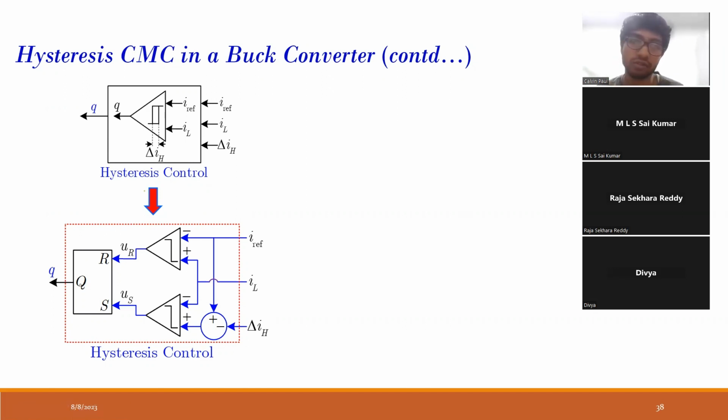This is also a variable frequency control technique. Constant on-time, fixed off-time, all of those are variable frequency current mode control techniques. Even hysteresis current mode control is one of these. What happens is we have a hysteretic comparator, made up of this sort of block. We have an inductor current.